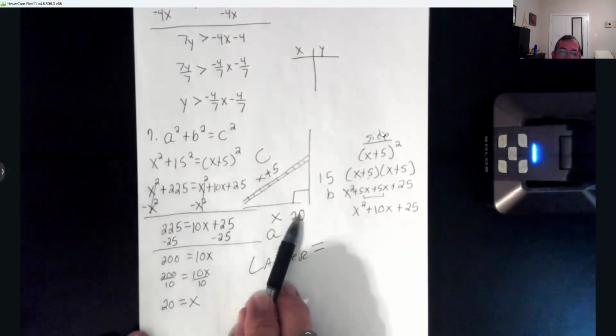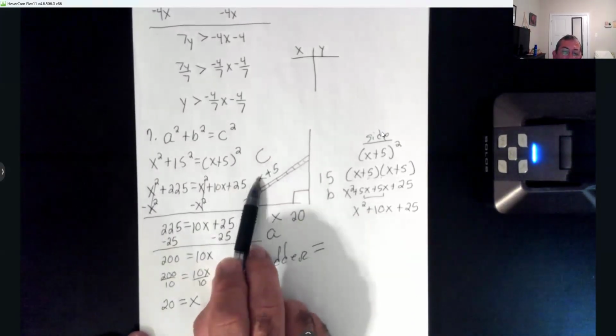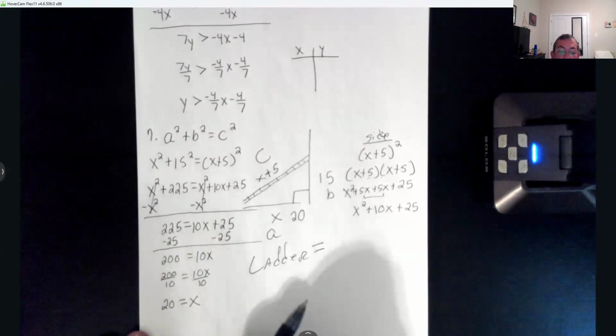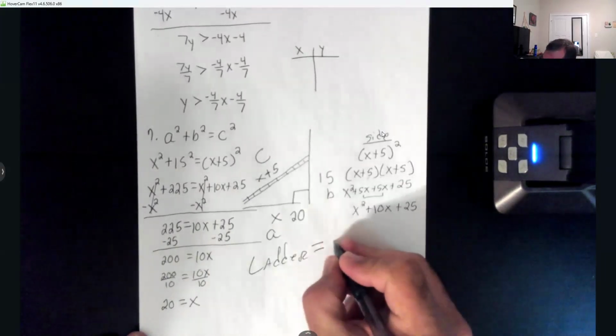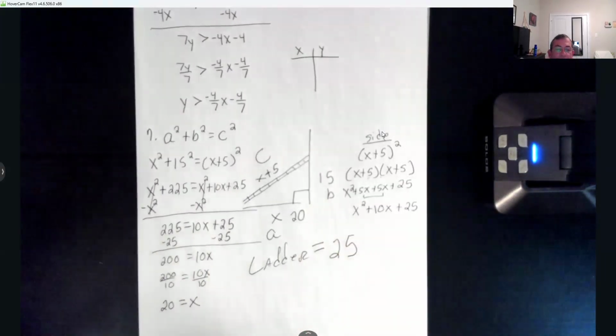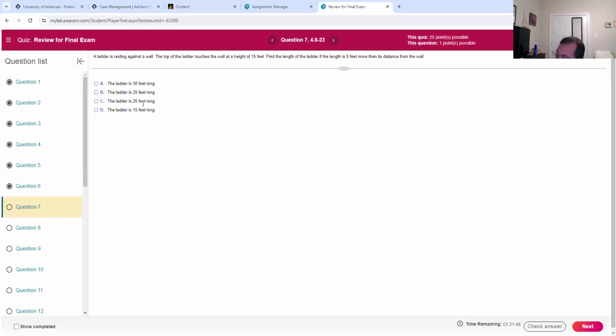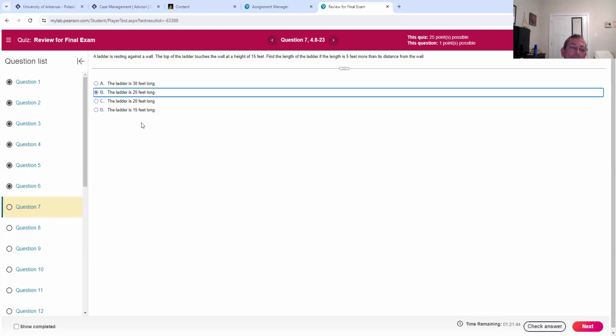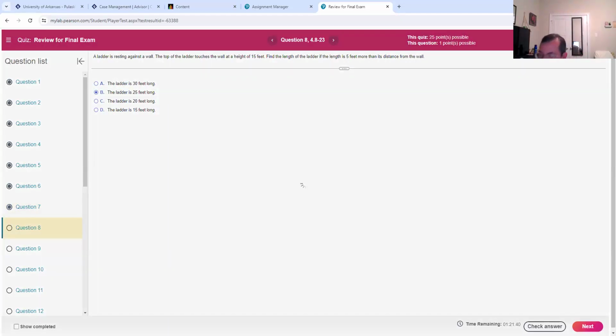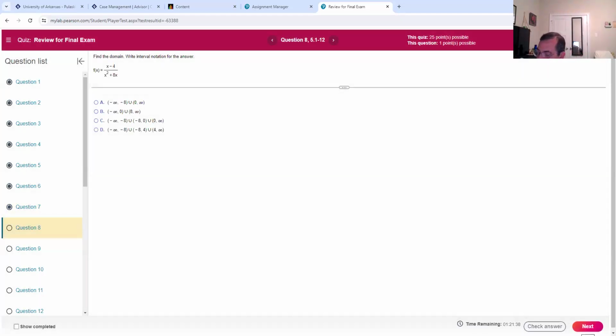You got to come back and add that 20 plus that 5 and get that ladder's length at 25, okay? All right, y'all, so let's go see if that's the answer on that. So now they'll put 20 there, but don't pick it. You got to pick 25 on that, okay? All right, then we check next problem.